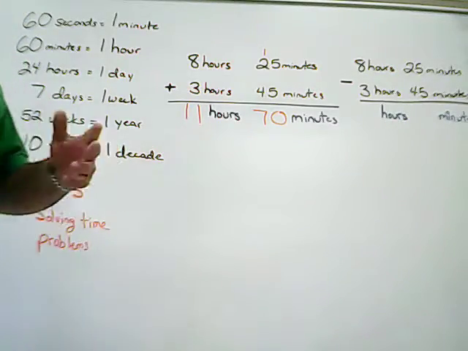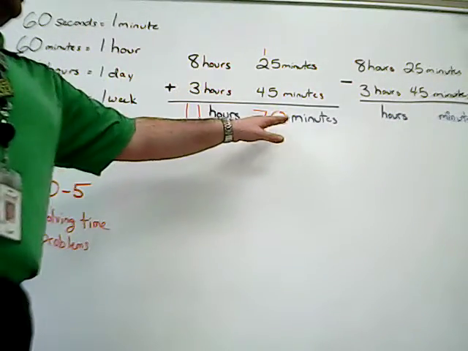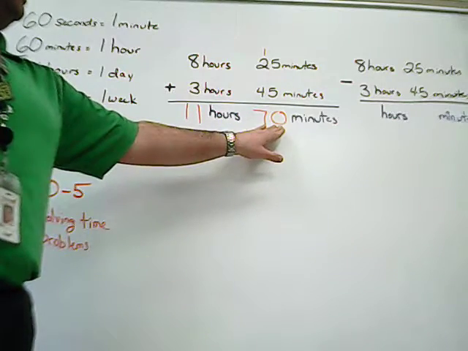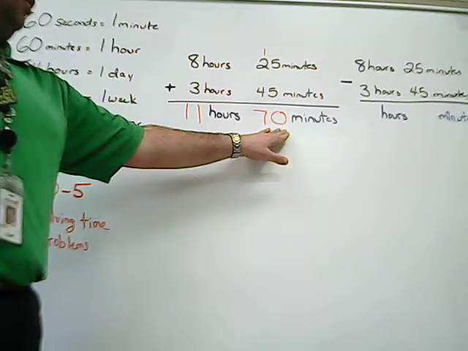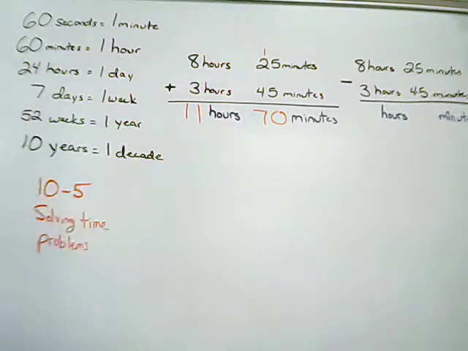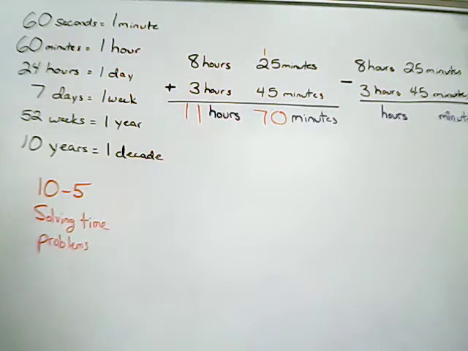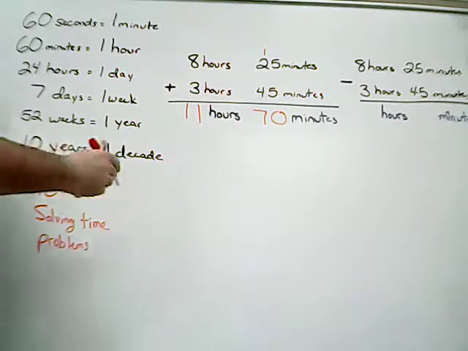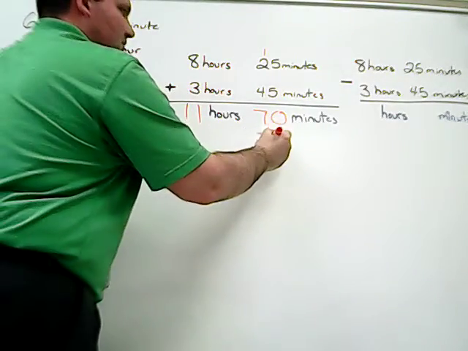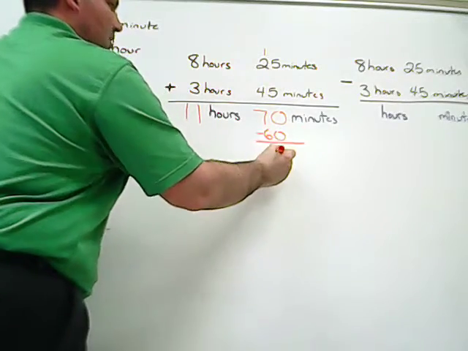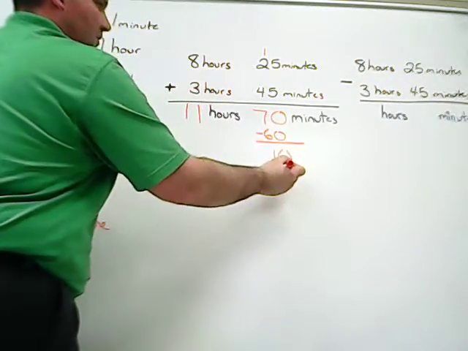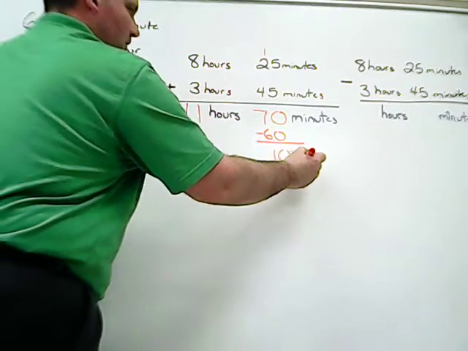However, just like we did with improper fractions, we need to convert my minutes because I have more minutes than there are in an hour. So what I'm going to do is use my chart and remember that I have 60 minutes in 1 hour. So I'm going to take away those 60 minutes and I'm going to be left with 10. 0, 7 minus 6 is 1.